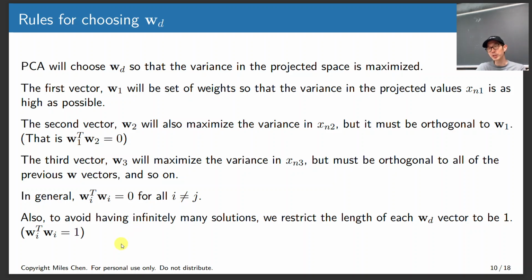You could just pick really big w's, so we'll put in a restriction that the length of each vector is going to be 1. So w transpose w is equal to 1. Otherwise, you can just say all of my components in w are infinity, and that will maximize your variance. So the length of w itself has to be 1, and we want to find what direction w should point in.